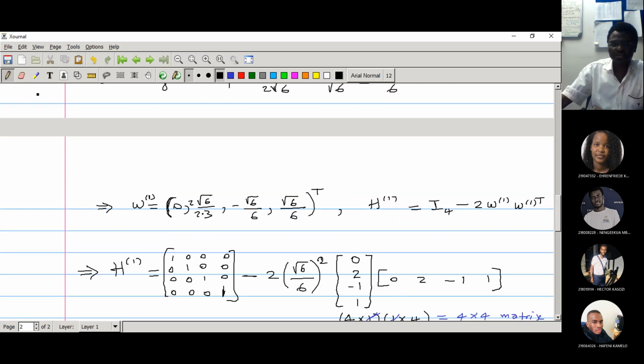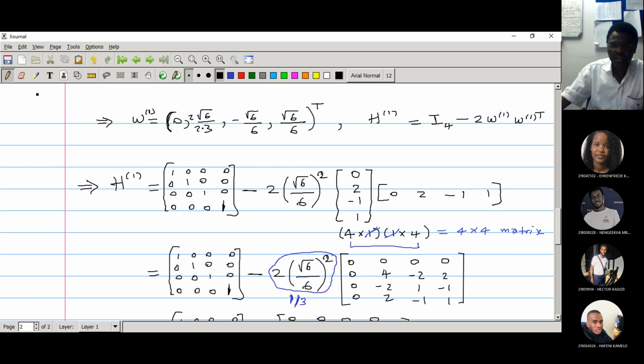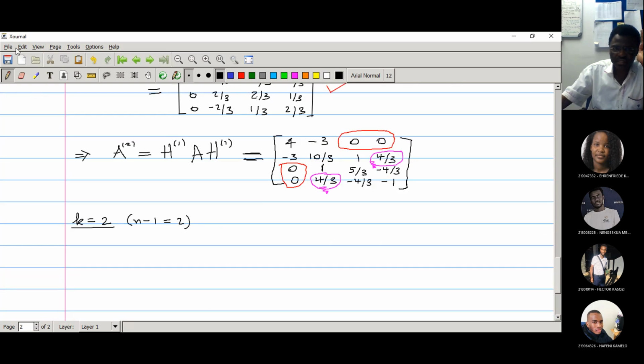We just repeat the process. Remember that now K is 2, right? Now, remember that the A that we take is AK, K for the order of the matrix, because our AK now is A2. AK is A2.